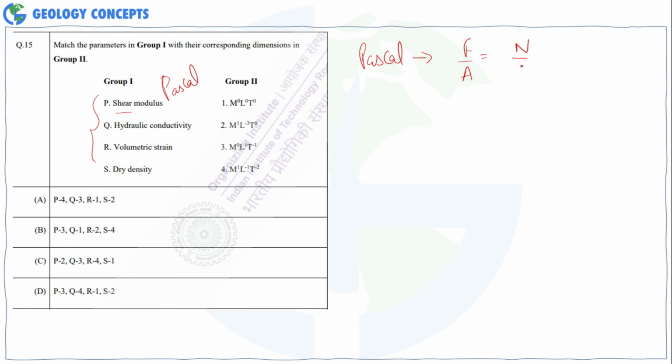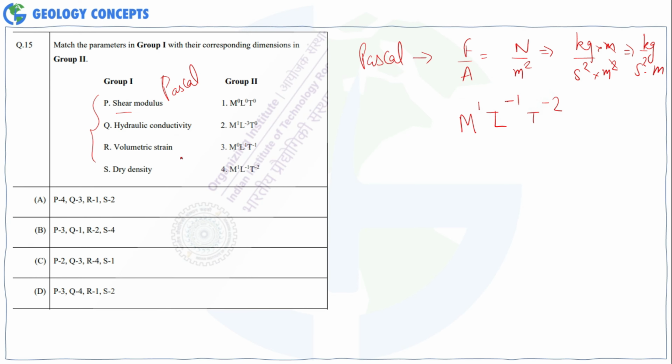This is Newton per meter square, and Newton is kilogram meter per second square, and I have a meter square here. So meter square is cancelled by a meter, so I am left with kg per meter second square. Hence if I want to write it in terms of dimension, I can write it as mass 1, length minus 1, and time minus 2.